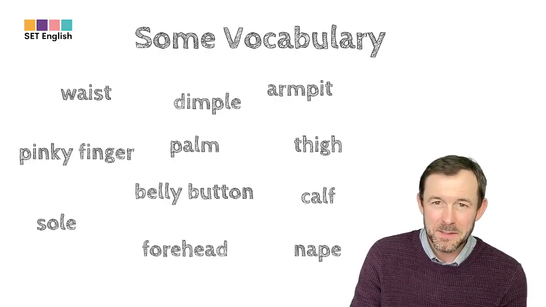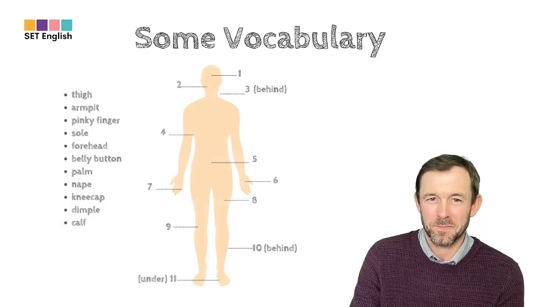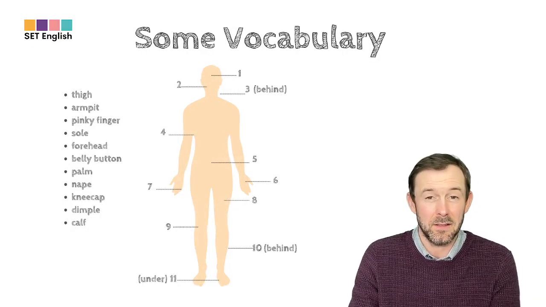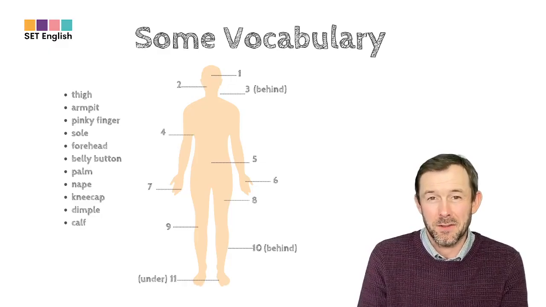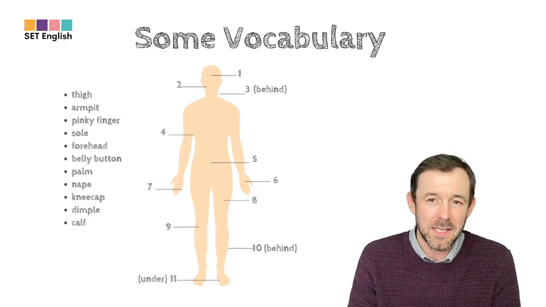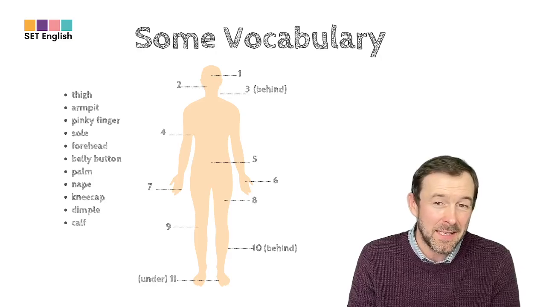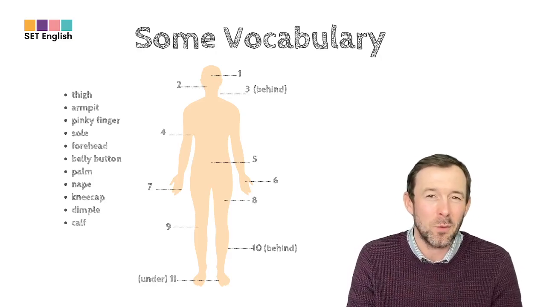So here's my exercise. I've got a model and I've got some words over there on the left. What I want you to do is match those words with those numbers where they're pointing to. You can see that I've got behind for number 10, number 3. That means it's not pointing directly at where it is.